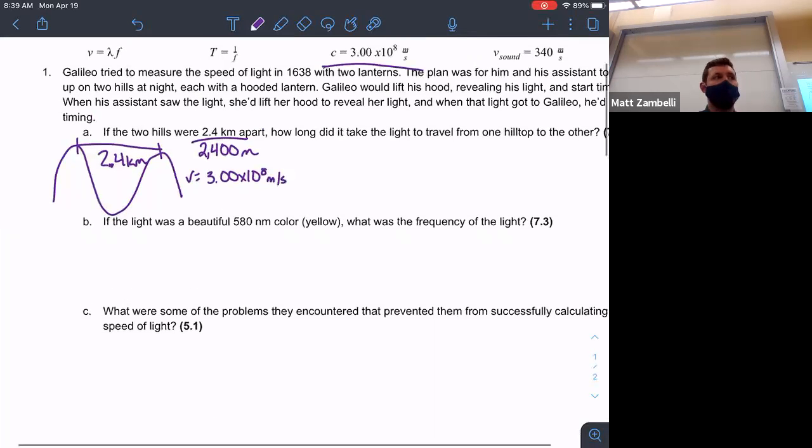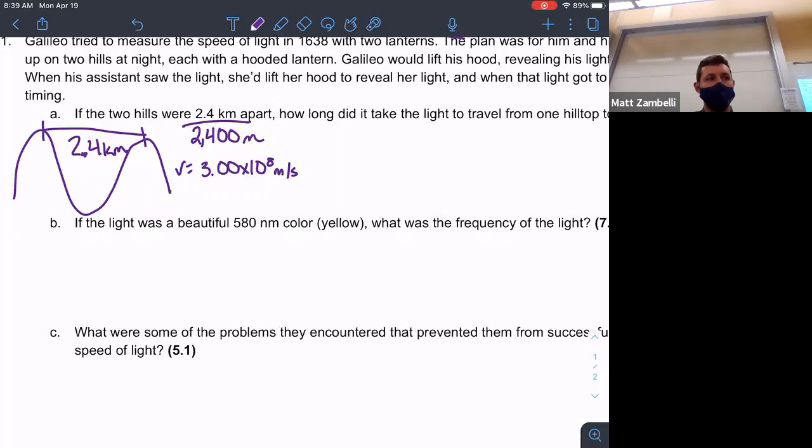And so we're looking for time. So we have a few equations we can choose from, but the one we should find out is that it's x equals x naught plus v naught t plus 1/2 at squared.